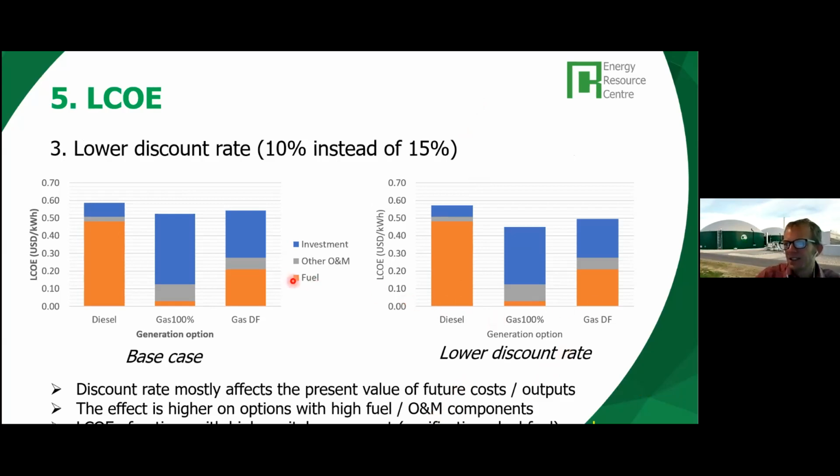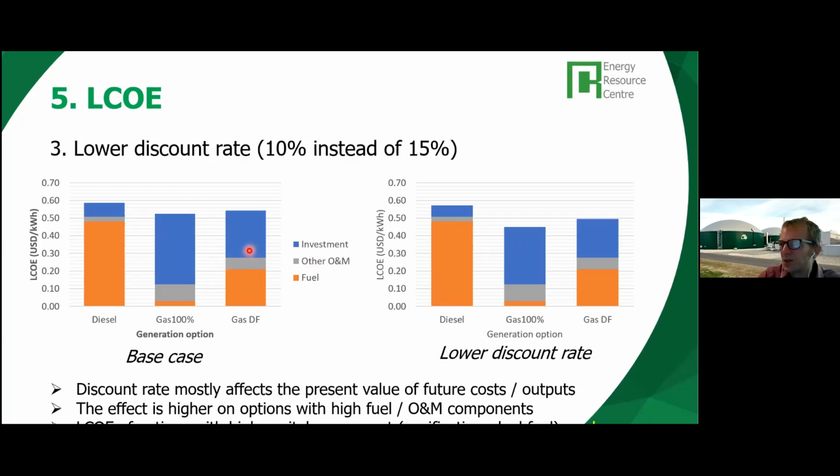So we see that there is a very small decrease of the diesel case from the 58 to, let's say, 57 dollar cents. For the gasifier case, we see that we had 52 cents, and we go down to 45 cents.